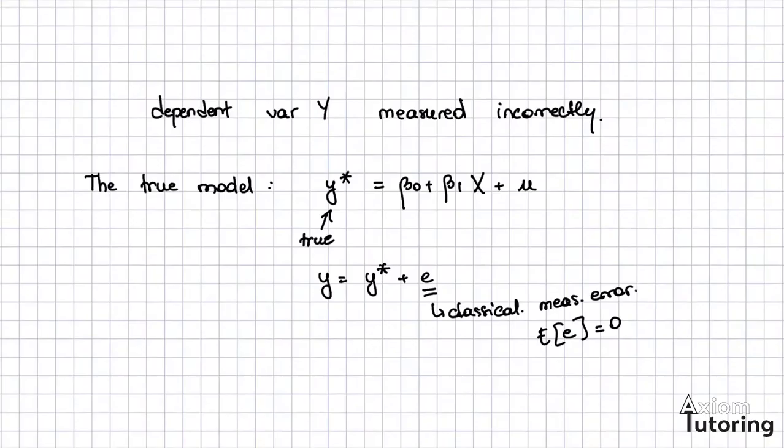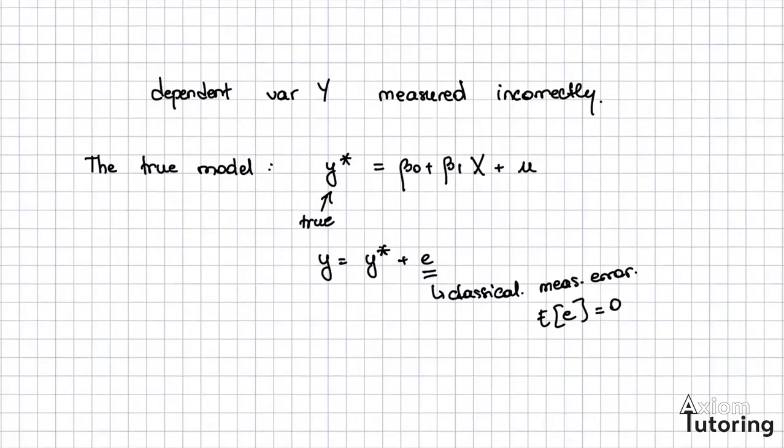Sometimes we measure too high, sometimes too low, but on average, we measure correctly. So this is the classical measurement error assumption applied to y. The error here is random, has mean 0, and is uncorrelated with the x or the u error term. So these assumptions are what make the result clean.